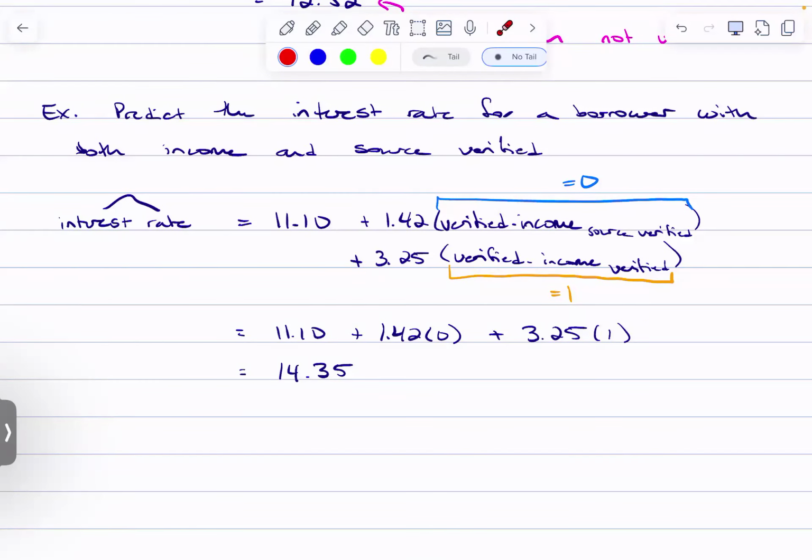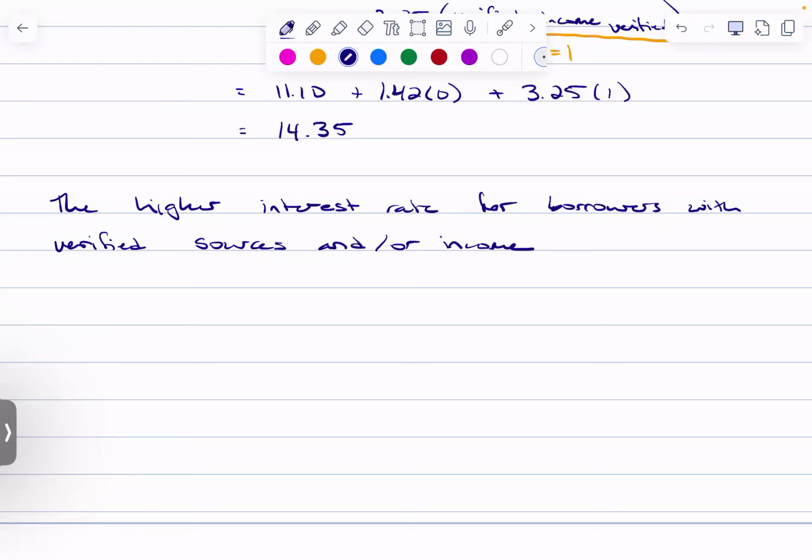And so the higher interest rate for borrowers with verified income, or maybe I should say verified sources and or income, just to incorporate both of those indicator variables.